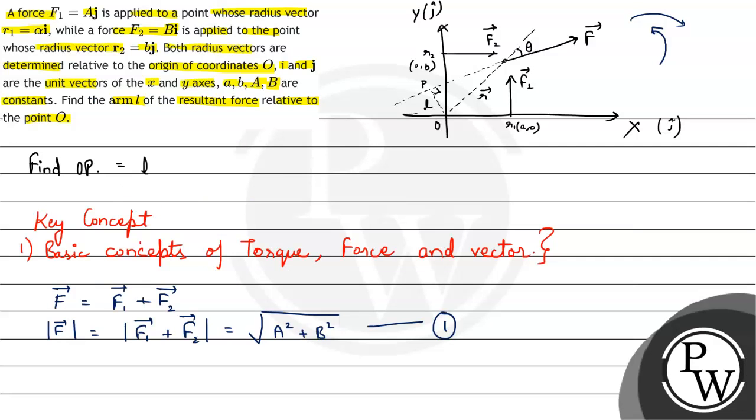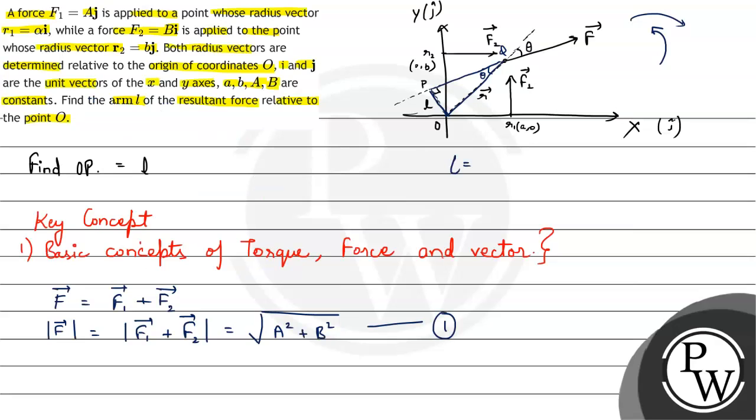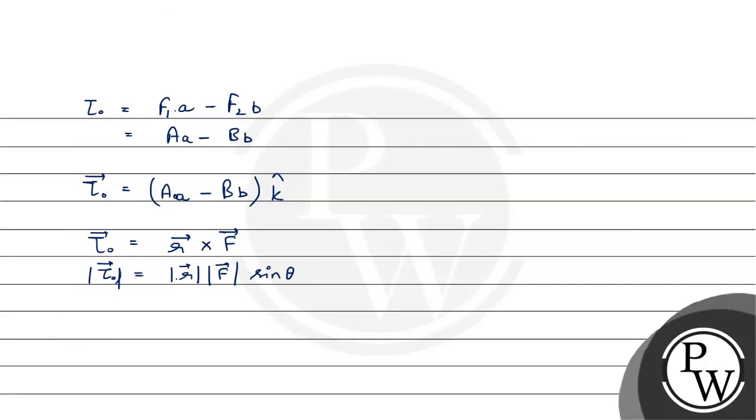Now from this triangle, the triangle I am marking right now, POQ, we can say that this is angle theta and the arm length L will come out to be equal to R sine theta. So substituting R sine theta here, we have mod of tau vector is equal to mod of F vector times L.